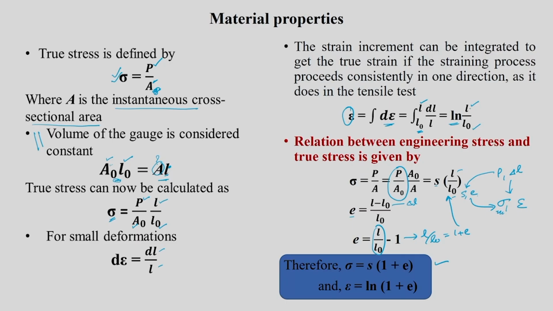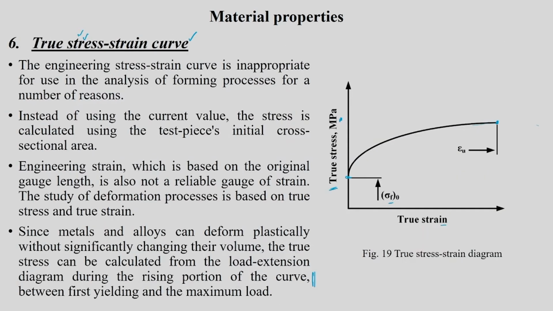Epsilon is ln of L by L naught, and L by L naught is 1 plus E, so epsilon is equal to the natural logarithm of 1 plus E. This will give me my sigma versus epsilon graph, which looks like the one I have written before. It will look like this.